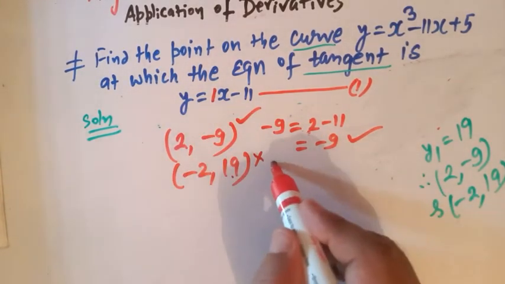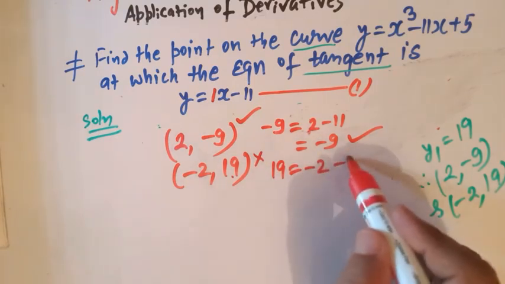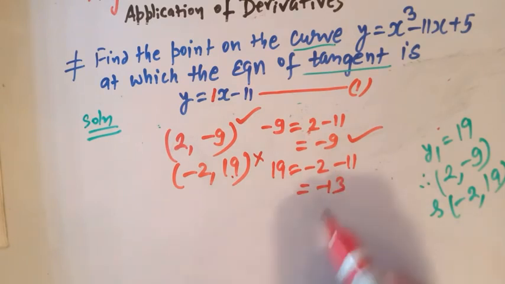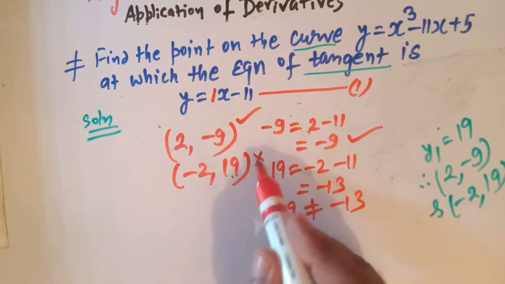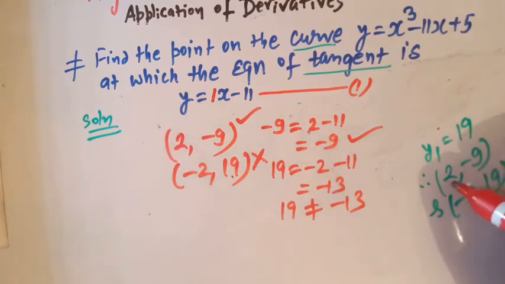Y is 19, so we have 19 = −2 − 11, and it is −13. Clear? And 19 is not equal to −13. So this does not satisfy this equation. So our final answer is the only point is (2, −9). Clear?